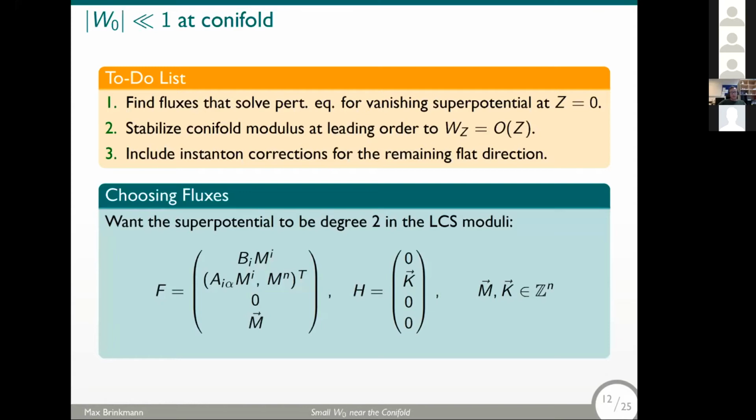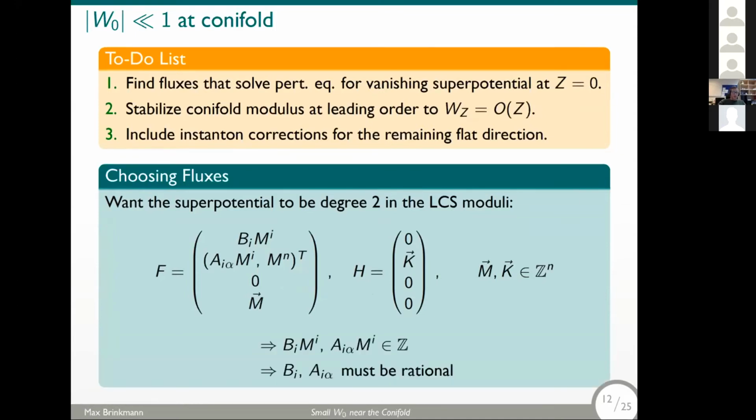Our first step, of course, is to choose fluxes. In order to find a nice general form for the minimum, we want to have a superpotential of degree 2 in the large complex structure moduli. And this already completely determines the form our fluxes should take.